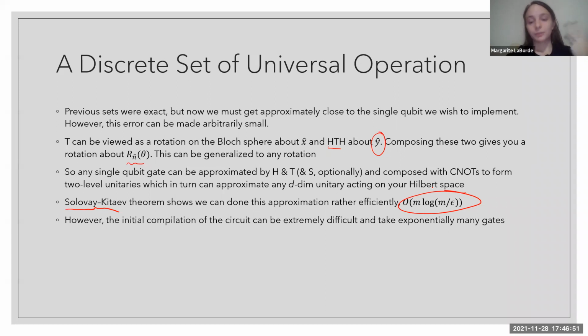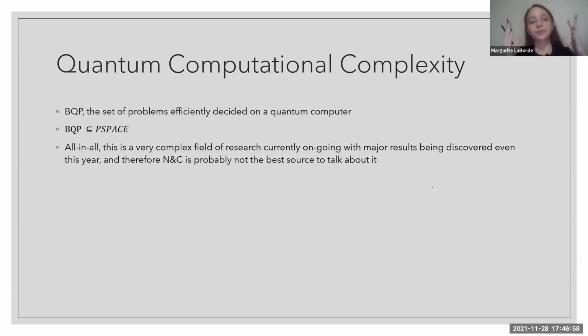So I said that this can be extremely difficult, and it can take exponentially many gates, and this gets into complexity. And so Nielsen and Chuang wanted to end this chapter, or this subsection, by talking about computational complexity for quantum computers. And Nielsen and Chuang are wildly not equipped to do this. So this is an active field of research right now, like a major result hit publication this year.